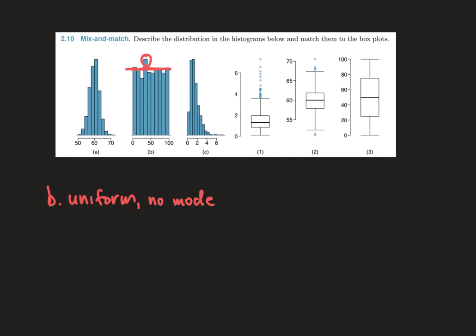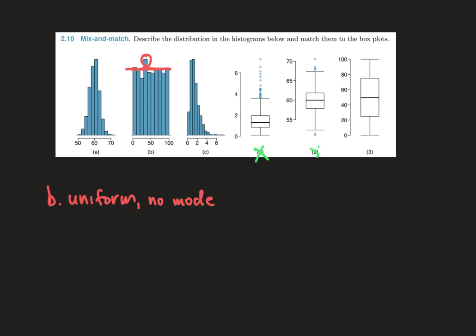It's basically symmetric, but uniform really captures that as well. Now, if we look at the box plot that's uniform, again, we can count out number 1 because that's got a lot of values above and very few below, so that doesn't match the uniform where it's spread out evenly.